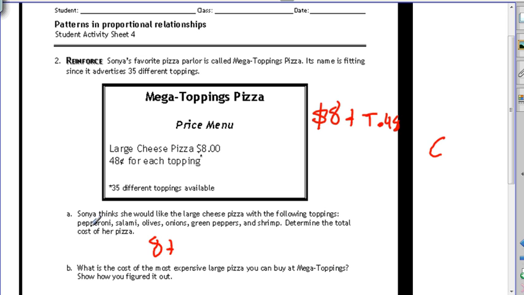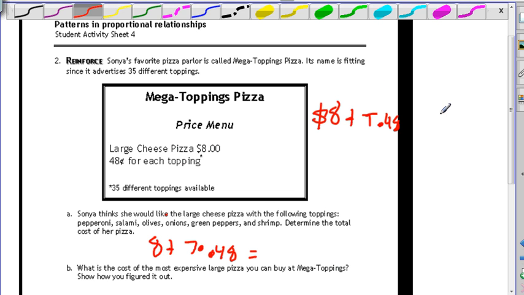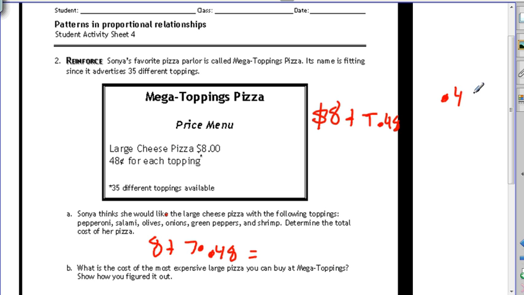How many toppings does she have? 1, 2, 3, 4, 5, 6, 7. So it's going to be 7 times 0.48. Can you guys multiply that out for me right now? Multiply 7 times 0.48. It should look like this: 0.48 on top, you put the 7 down here.